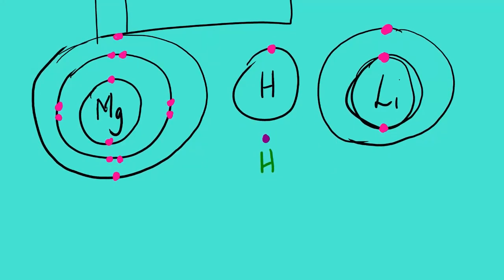Now going to lithium, we can see that the outermost energy level only has 1 electron, so it will be like this. For magnesium, we look at the outermost energy level, it has 2 electrons, so the Lewis structure of magnesium will be like this.